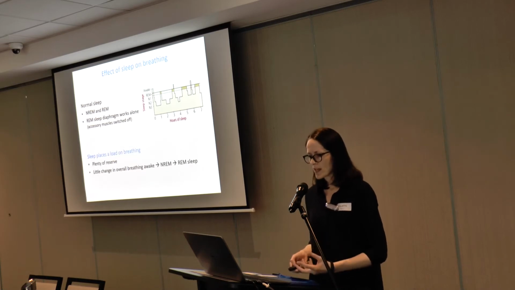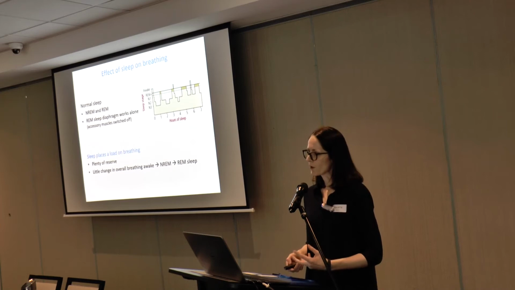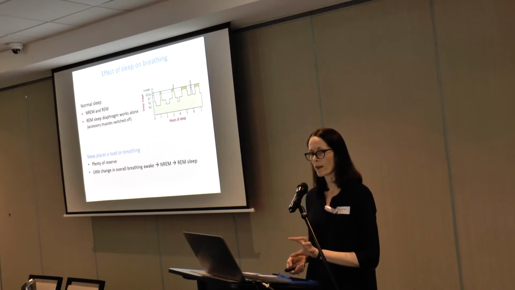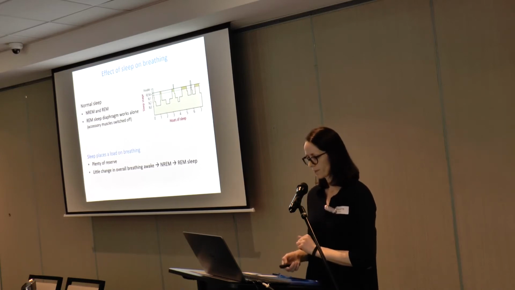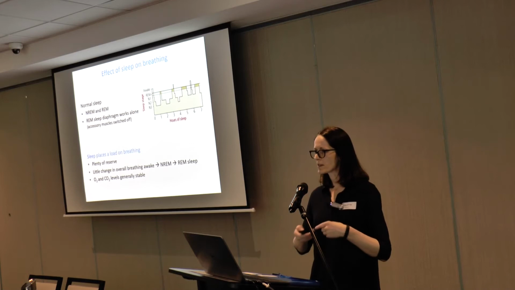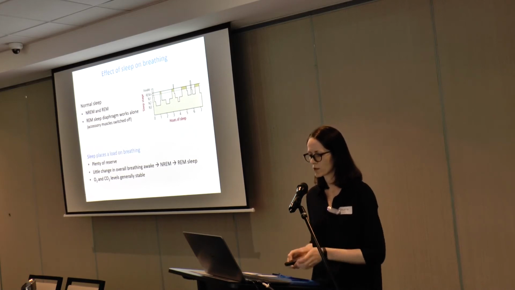In the absence of disease, we've got plenty of reserve, so we can cope with these changes. Generally, there's little change overall in our breathing from awake to non-REM sleep to REM sleep. This means that our oxygen and carbon dioxide levels can remain stable, so we're getting enough fresh gas down to those little air sacs to exchange oxygen and carbon dioxide.